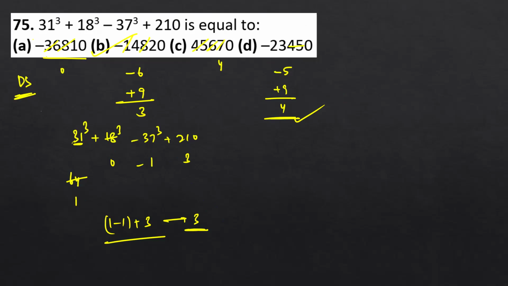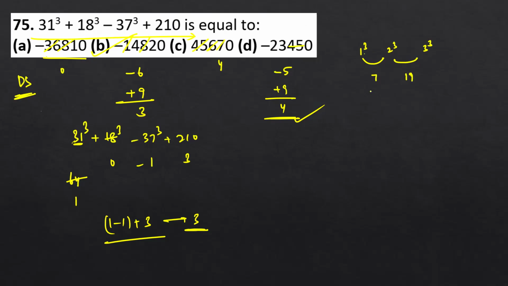But we know that the answer is negative for sure. Negative 6 for sure. Or else the answer is going to be a negative value for sure. Because 31 cube and 18 cube when compared to 37 cube, even if you combine them, 37 cube will be much larger. Try to understand 1 cube, 2 cube and 3 cube. The difference between them is huge. It is 8 and 27.